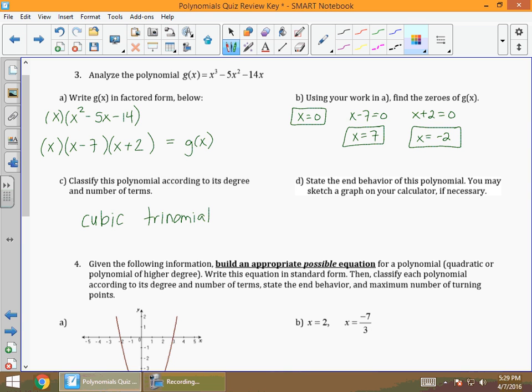Part D says sketch the end behavior of this polynomial. You may need to sketch a graph on your calculator if necessary. As I put this into my calculator, you can type this right in, you will see the left side of it is pointing down, and the right side of it is pointing up. So it is down, up.